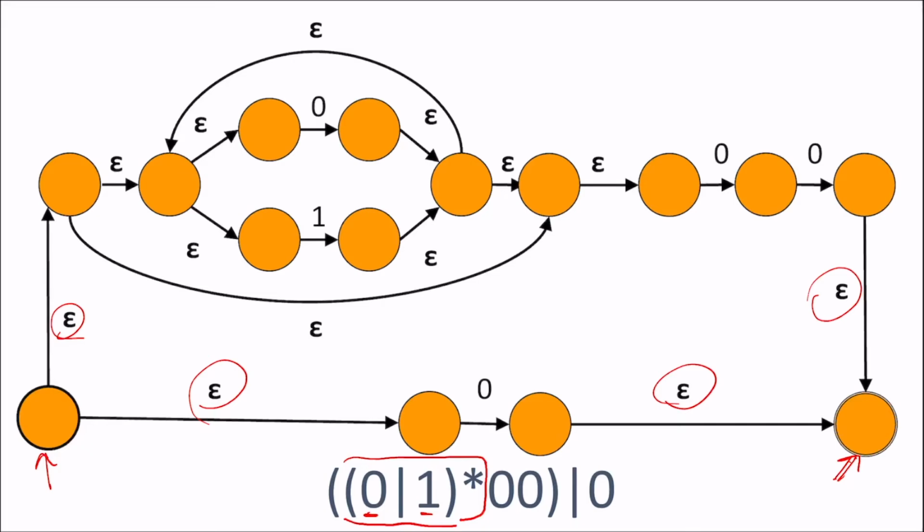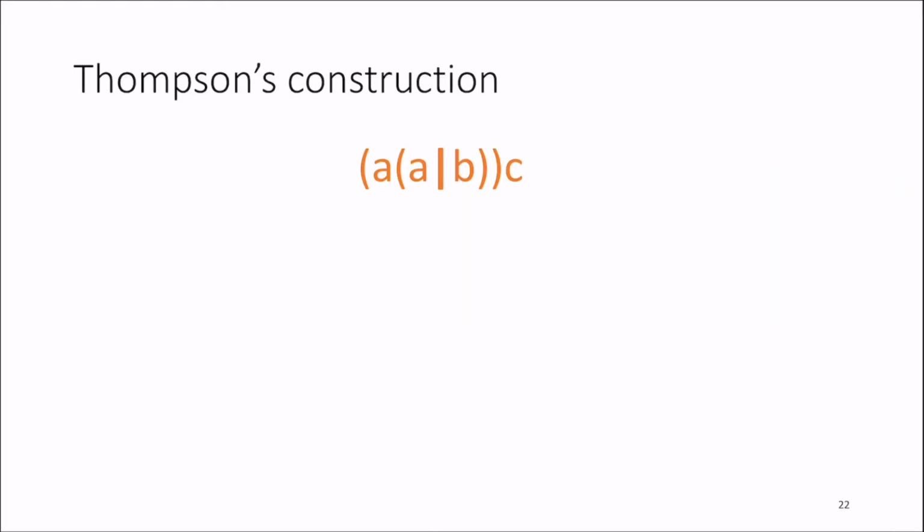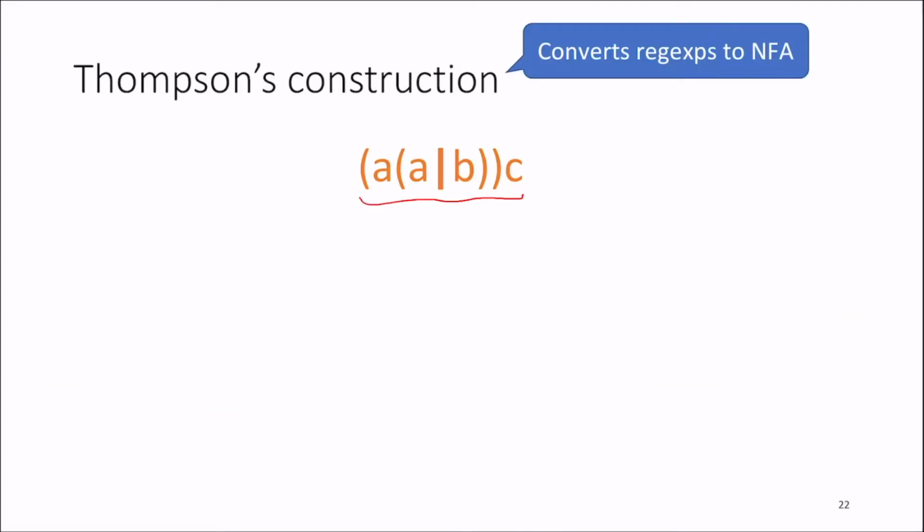Part of the algorithm needs to be aware of the order in which to build these smaller NFAs and then group them together. That's the reason why we spent some time talking about how regular expressions are in fact trees, because for every regular expression, once you disambiguate it using precedence and associativity, you can think of it as a tree structure, right?